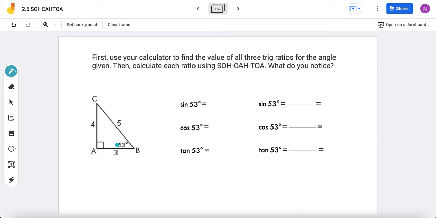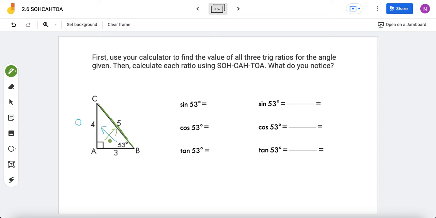So the side across from this angle, that's the opposite side, and it's going to be 4. The hypotenuse, that's going to be the longest side here. Right, or another way to figure it out is the side across from the right angle.